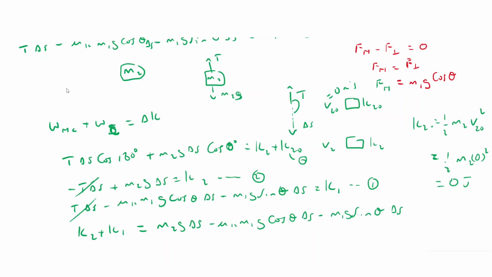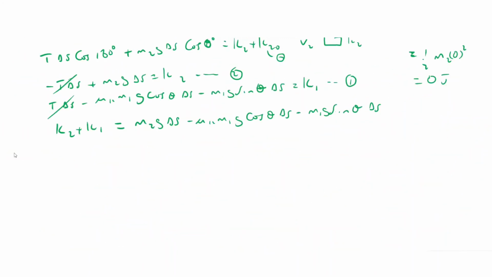Let's go and check the values. This is what I'm looking for: the total kinetic energy of the system. This one is 7, and you could simplify this further, but I'm not going to do it. Enough with maths or algebra.